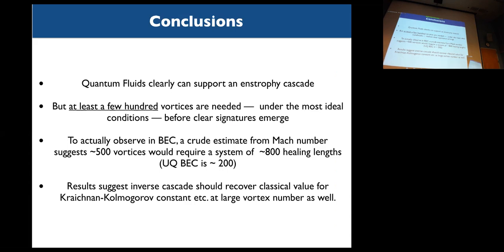And finally, given the results we got with the cascade constant, it certainly seems like it would be worth revisiting the inverse cascade, because it seems like it should be possible to recover all the classical results from that as well. And that's all.